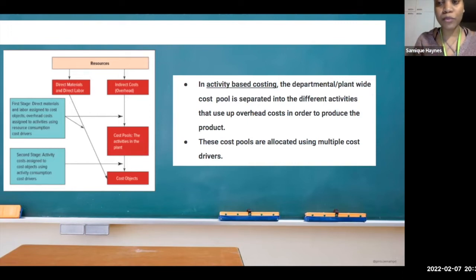Instead of looking at a plant-wide cost pool, we're going to take that plant-wide cost pool and separate it into different activities that use up overhead costs in order to produce a product. Then we're going to use these multiple cost pools and multiple cost drivers to create multiple predetermined overhead rates, and use those to allocate the overhead cost to our product.